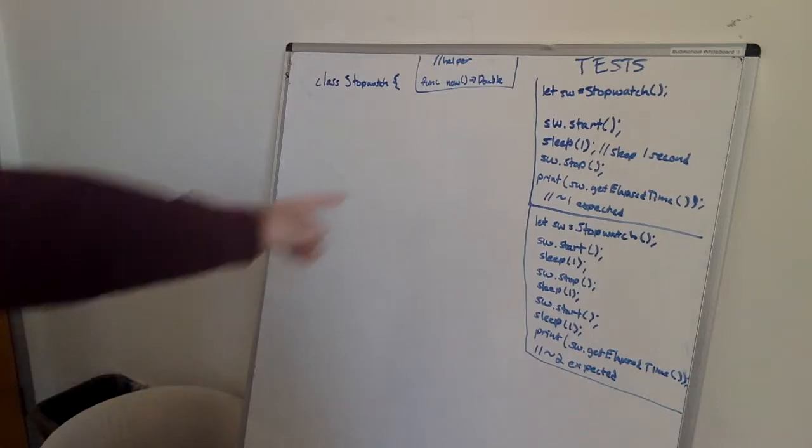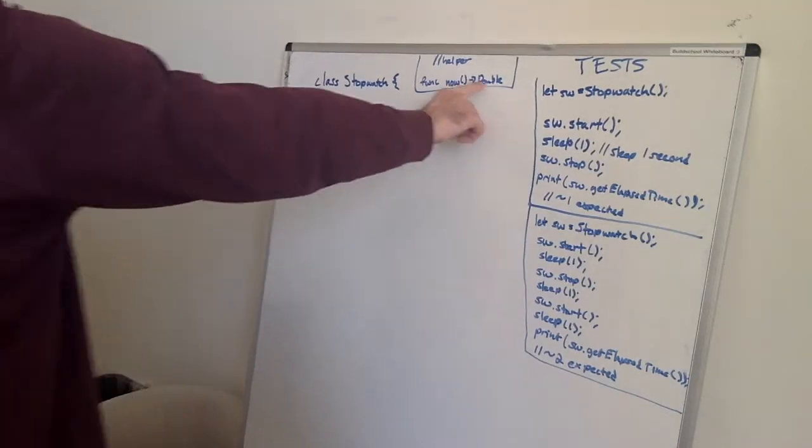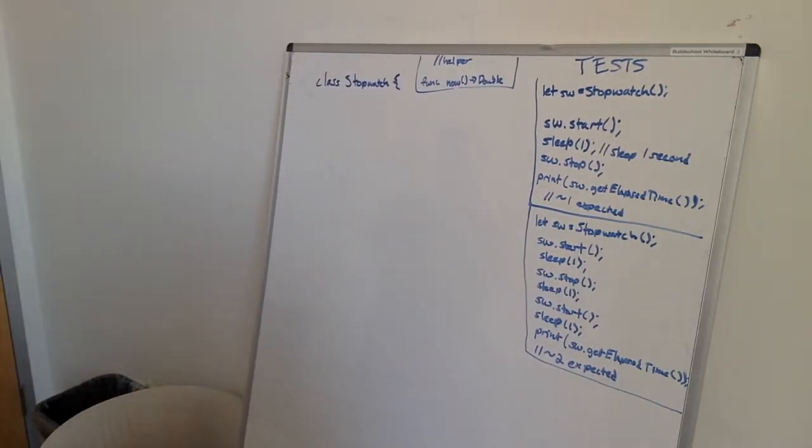I'll show you. We have this helper function here now that gives you the current system time. Oh, okay. I want to use that instead. Okay, so then we're going to need 2 variables. 1, the cumulative time, and 2, the current start that we're on's time.